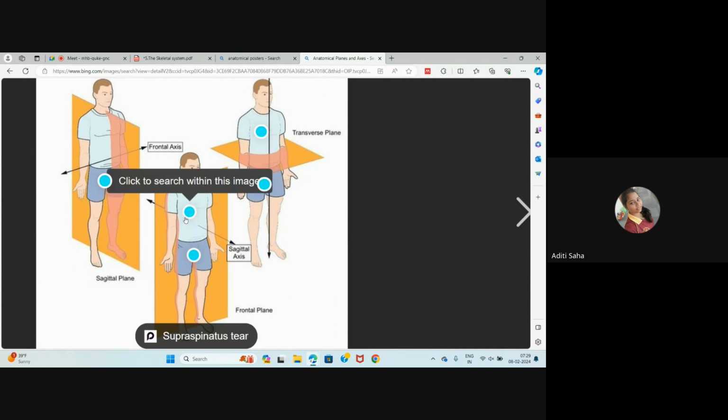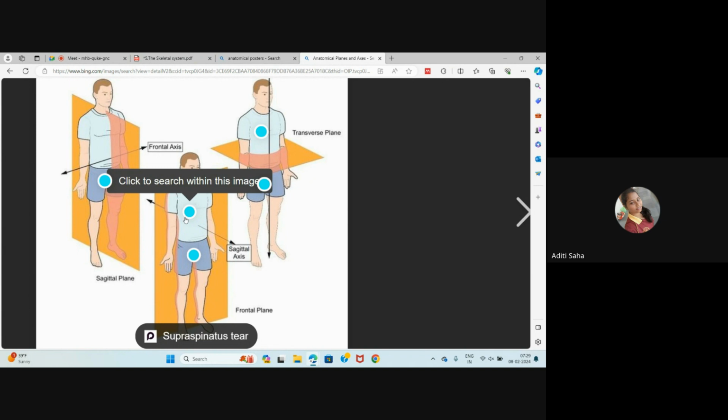If we go to a biology lab or anywhere else in the medical field, then if we want to make a person stand in the anatomical posture, we make him or her stand like this.